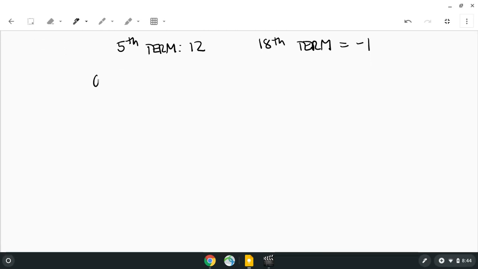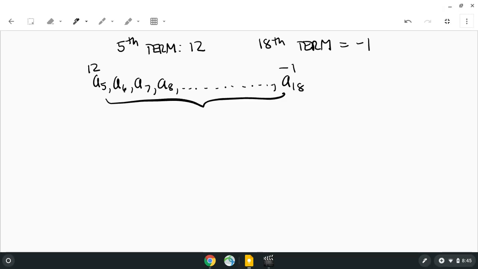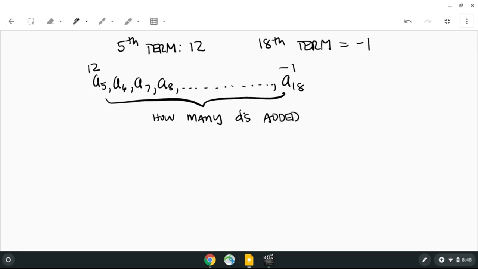Okay, so we are at A5, A6, A7, A8, and we're going all the way up to the 18th term. I know A5 is 12, A18 is negative 1. How many D's were added from here to here? Well, it's 18 minus 5, that's 13 D's.